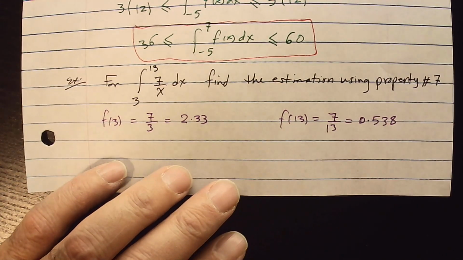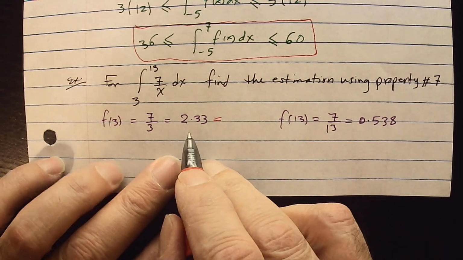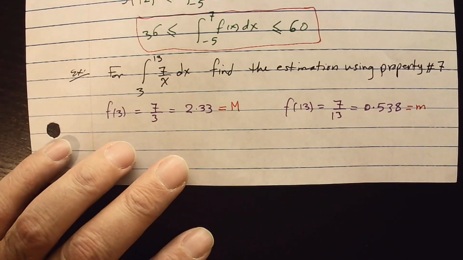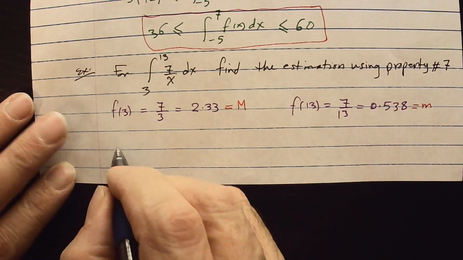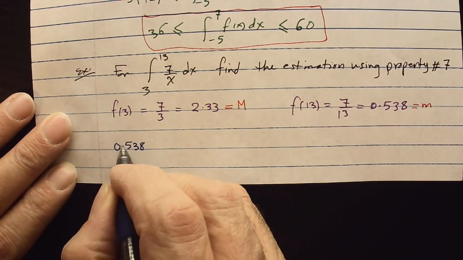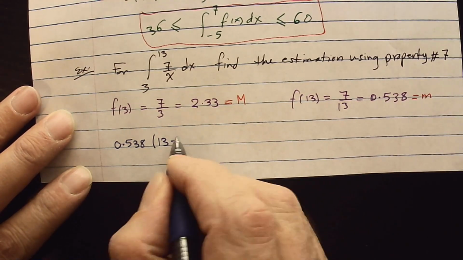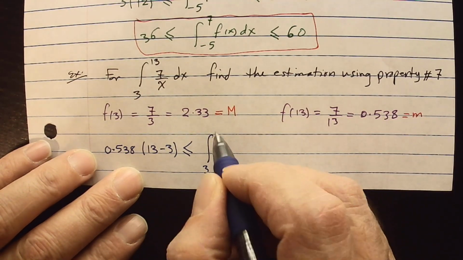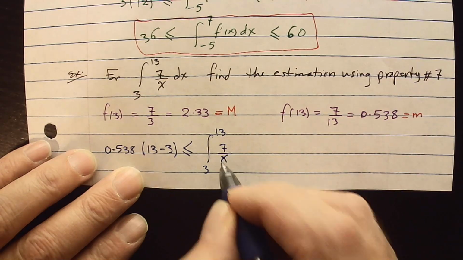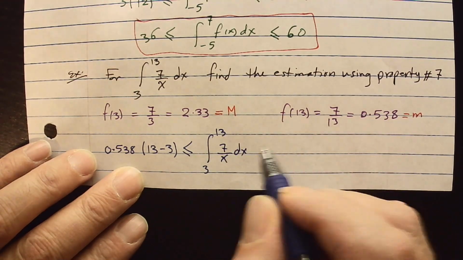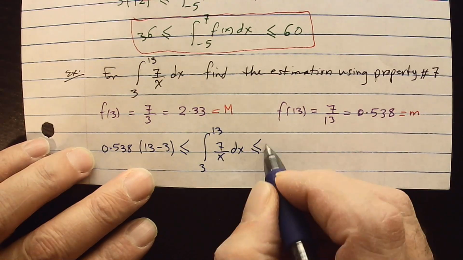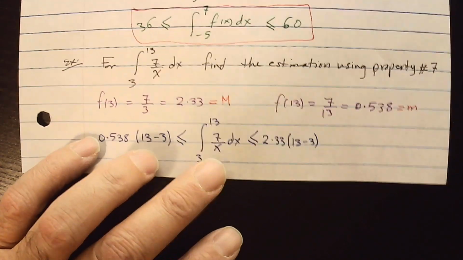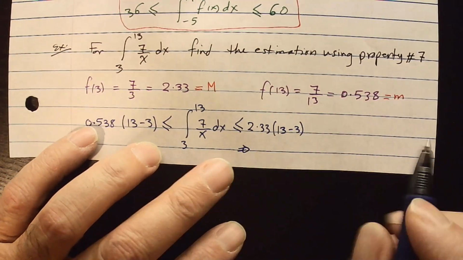So these values of the function, we can assign the bigger one as capital M and the smaller one as small m, and therefore we can put this as 0.538 times b minus a, 13 minus 3, is less than or equal to the integral from 3 to 13 of 7/x dx, which is less than or equal to 2.33 times 13 minus 3.